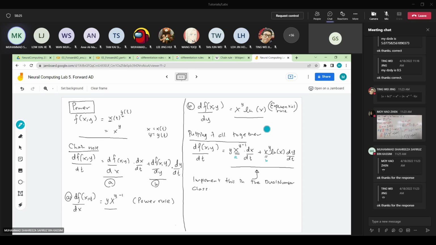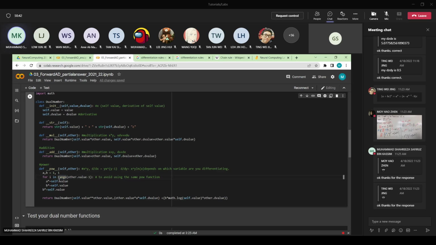I don't want to use the power rule inside the power method, because we are trying to override this method. So I have a for loop here to avoid using the same power functions or methods. A keeps multiplying by itself, and then you have B as an extra term here.